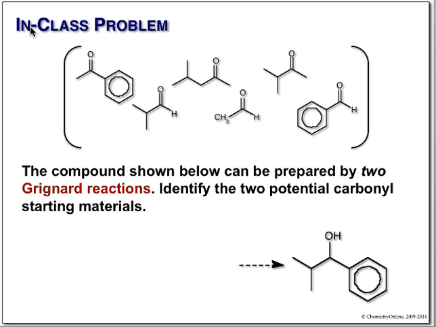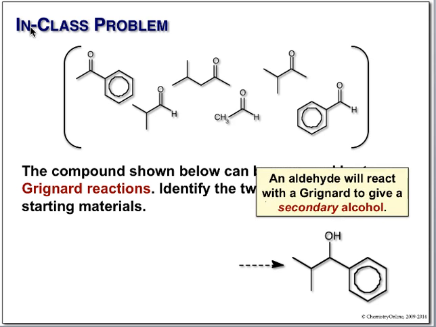Well, let's do this our standard way so we don't panic here. We're going to take our alcohol and we're going to cleave it on one side, like this, and we're going to identify the Grignard reagent and the carbonyl compound.